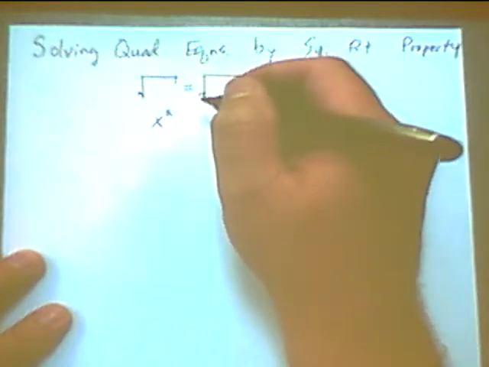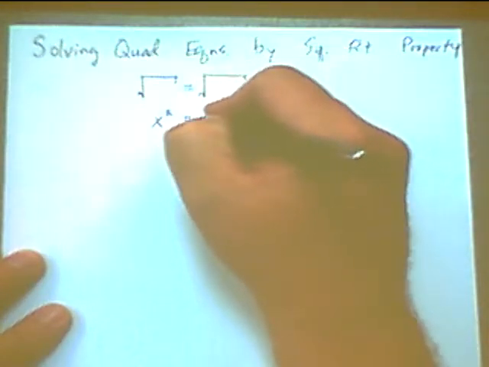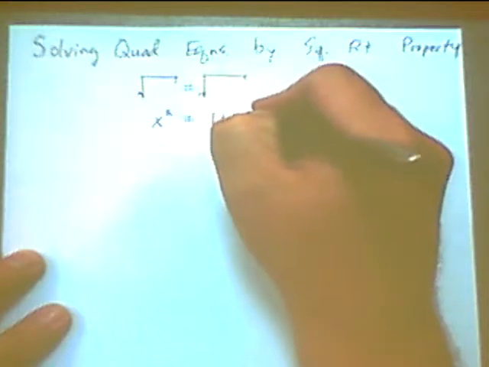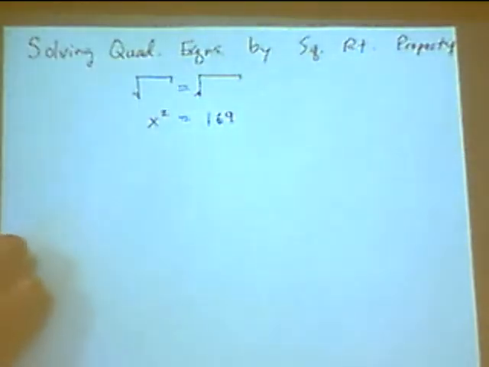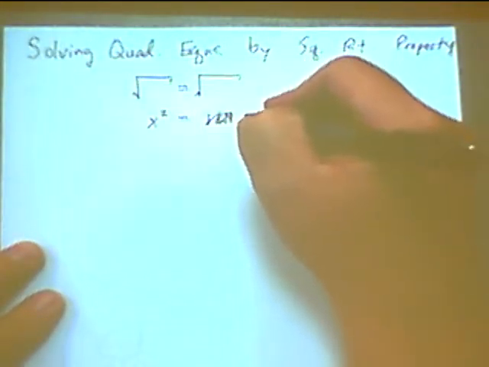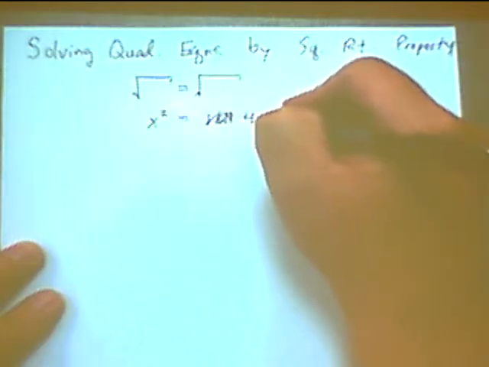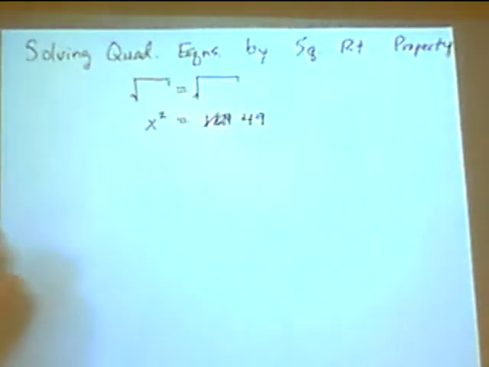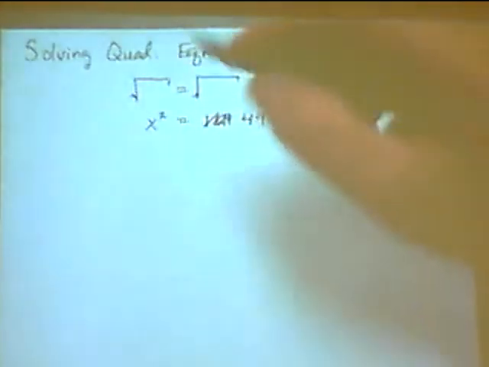What if you were given x squared equals 169? Actually, since I don't have my calculator, let's make it something that I can be for sure that I know the answer to. X squared equals 49.